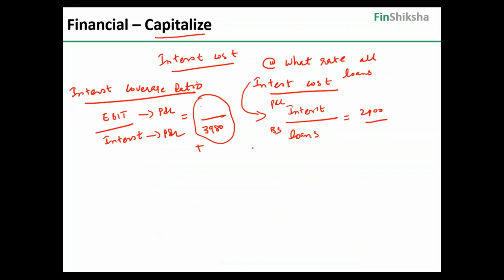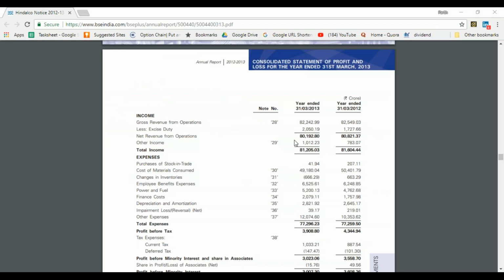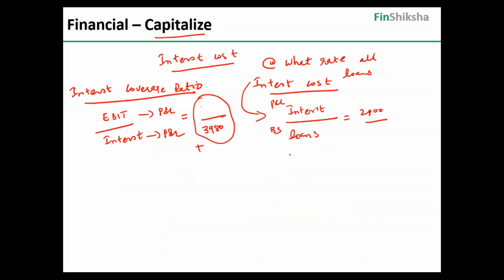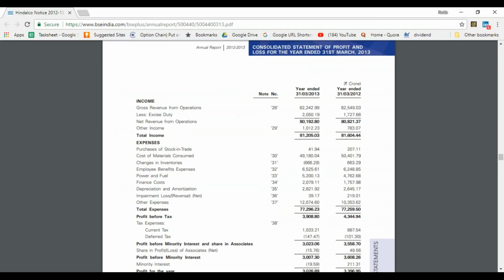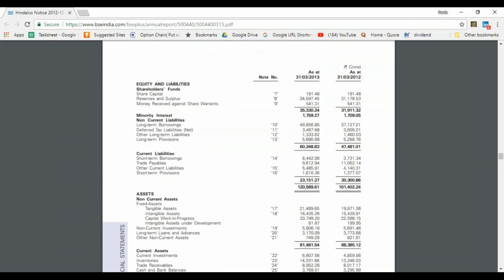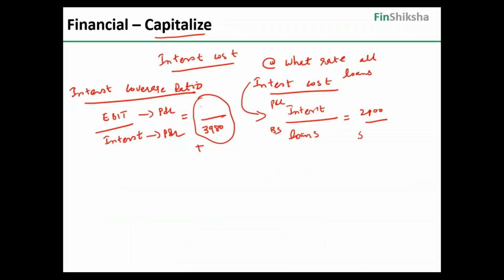So loans would be from the balance sheet, which is over here: long term of 50,000 crores plus short term borrowings of 6,000 crores, which comes to around, let's say, 55,000 crores.